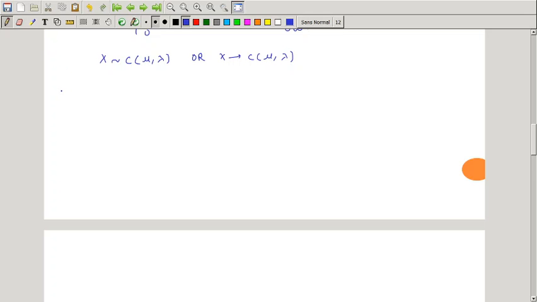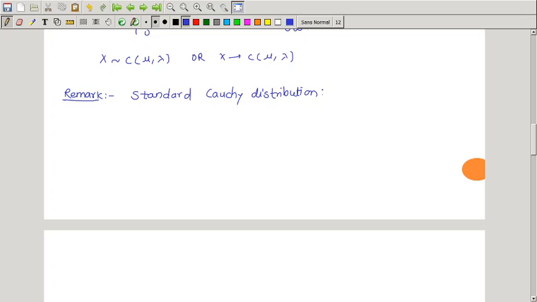Now I have to say it as a remark, the standard Cauchy distribution.